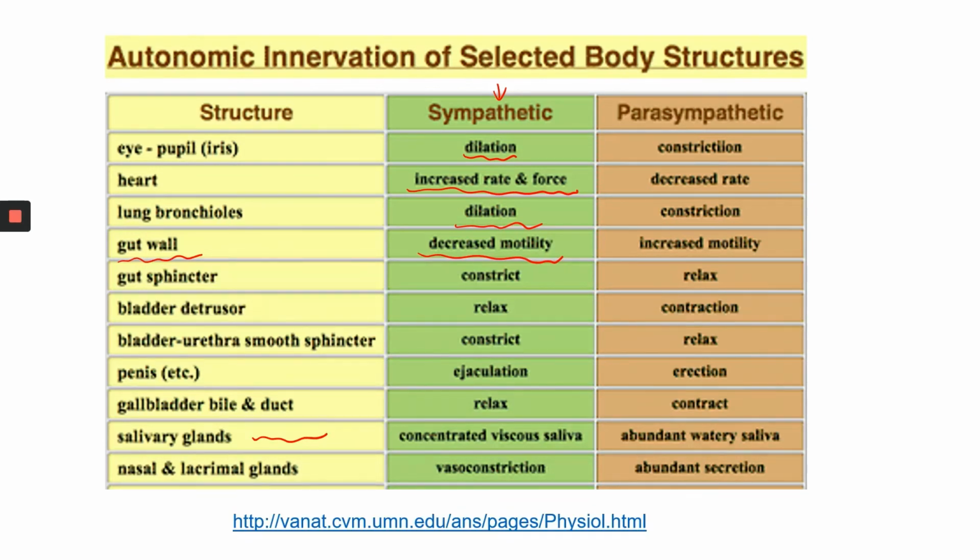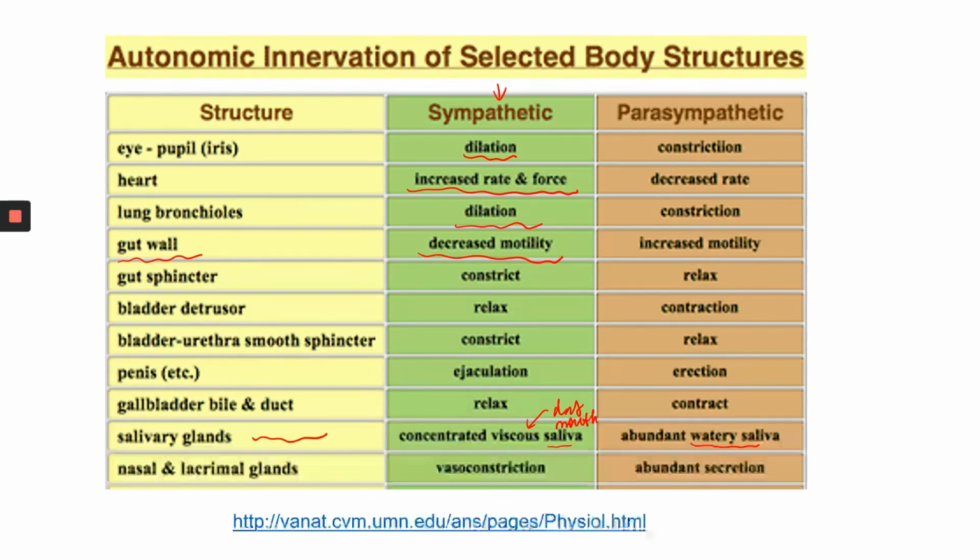So your salivary glands will have concentrated, very viscous saliva instead of watery saliva. So this is going to lead to dry mouth. Because again, your priority now is not digestion, right? I think that's most of the things that you may see.